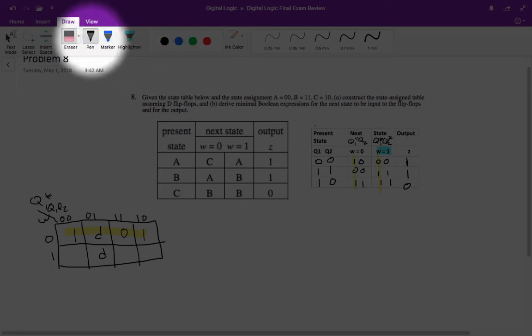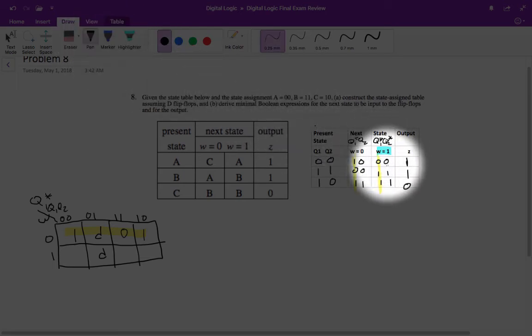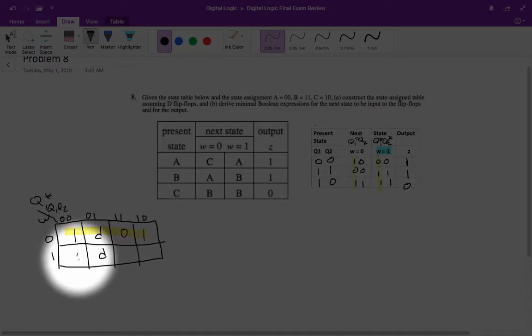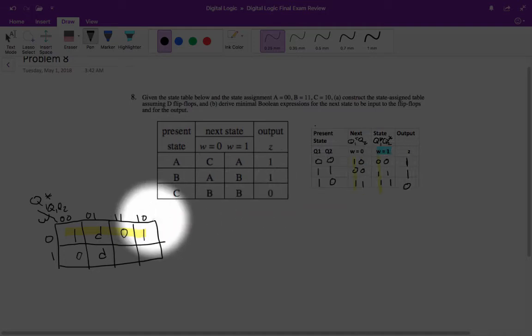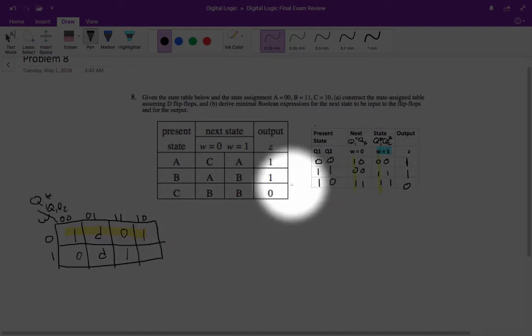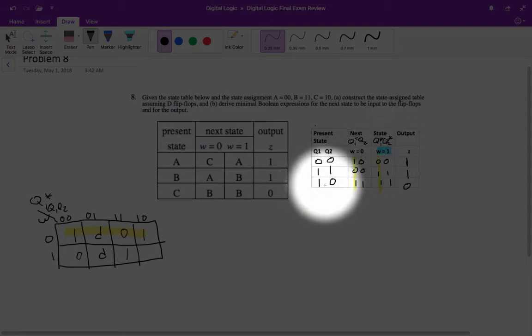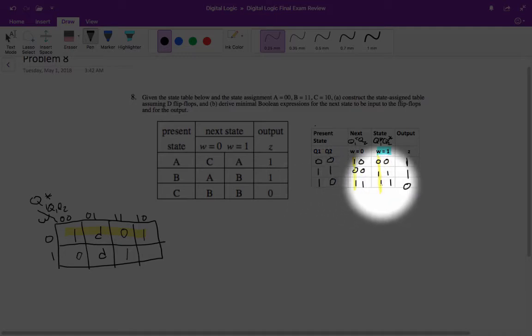When W equals 1 and Q1 Q2 equals 0 0, Q1 star equals 0. When W equals 1 and Q1 Q2 equals 1 1, Q1 star equals 1. And when W equals 1 and Q1 Q2 equals 1 0, Q1 star equals 1.